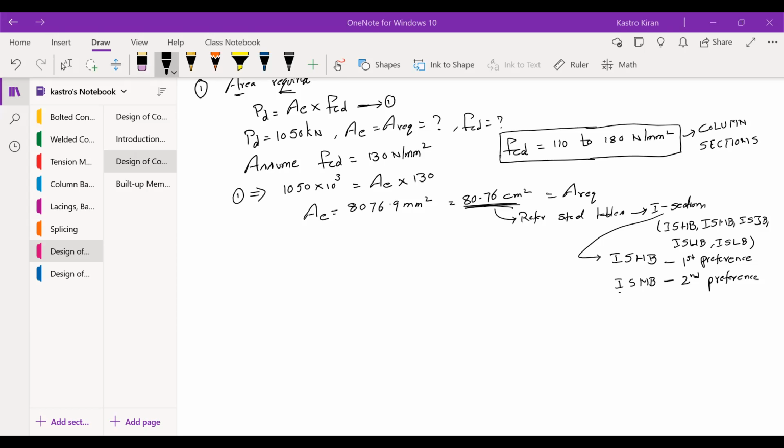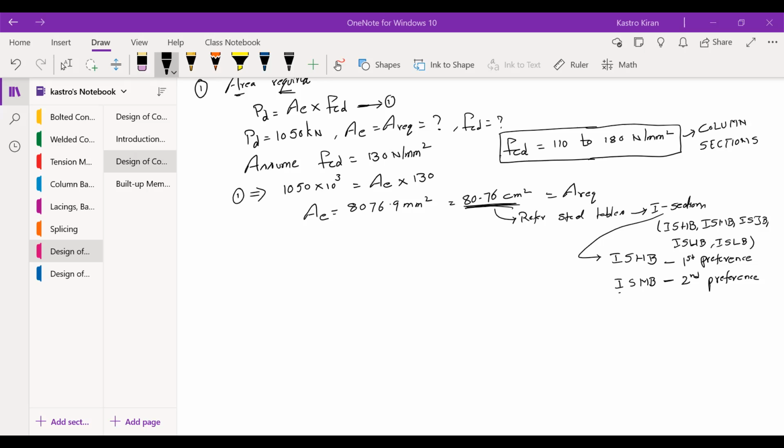Here you have ISJB, ISLB, ISMB, and you also have the other values, that is for ISWB, ISHB. What I said, we have to give first preference to the ISHB section and then the second preference to the ISMB section. So let's look at ISHB initially.